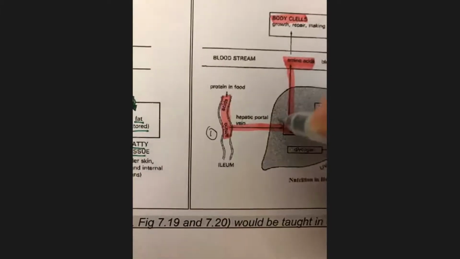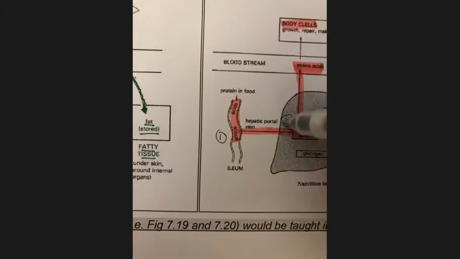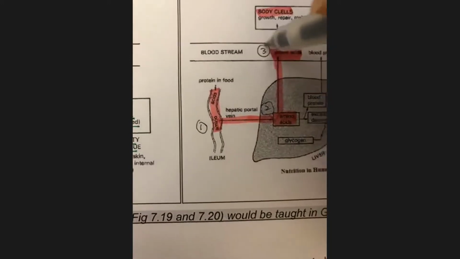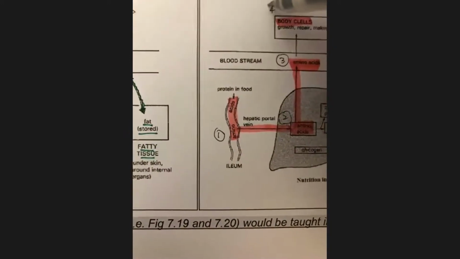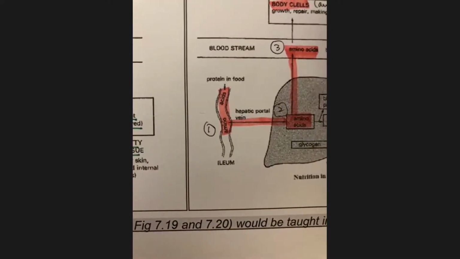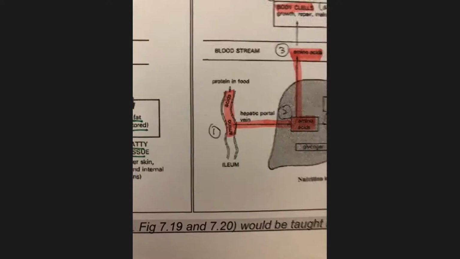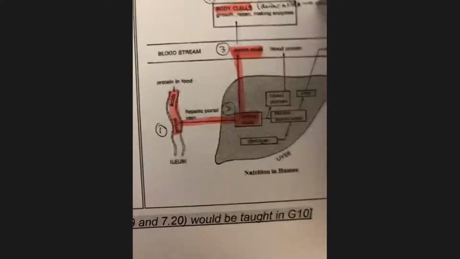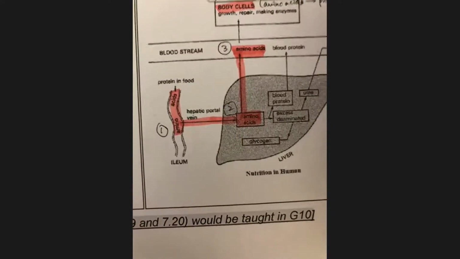So this is point number 2. Point number 3. Point number 4. They are used for growth and repair, and you can mark down here that the amino acids become protein. Okay? So mark this down.